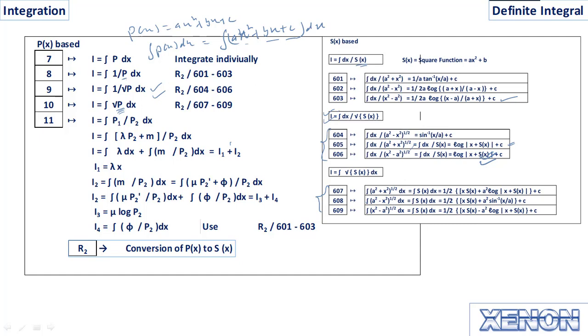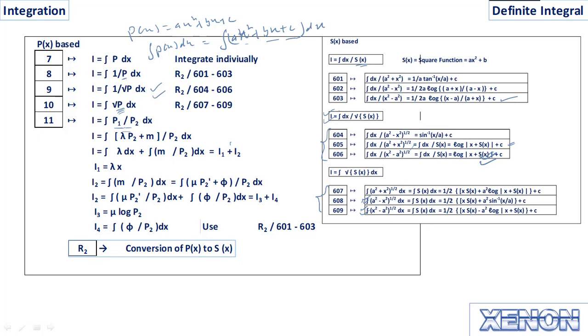Similarly, when we integrate square root of a square minus x square to the power 1 upon 2 and integration of x square minus a square to the power 1 by 2, as per the previous section. Clear?